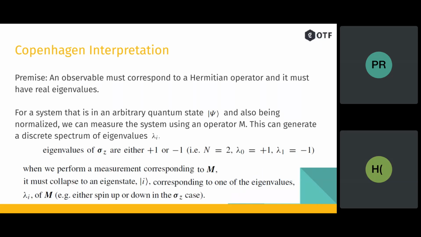Now there are two interpretations which are important: Born's and Copenhagen. Born's interpretation is for a single qubit, which is 2 to the power 1, which is 2, because qubits exist only if you have a linear combination of two. Minimum is 2, so it has a spin up and spin down.